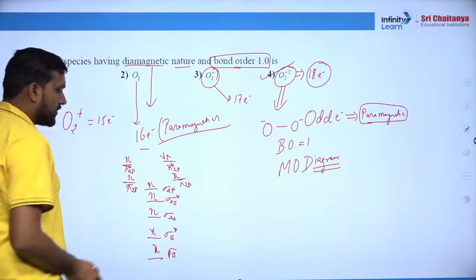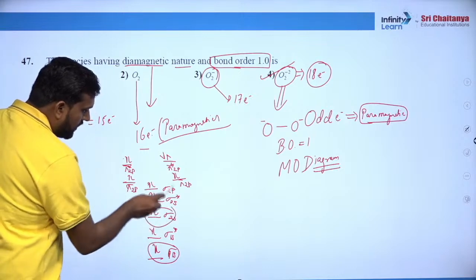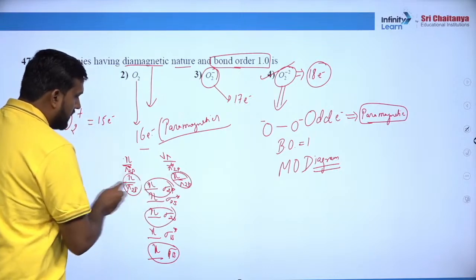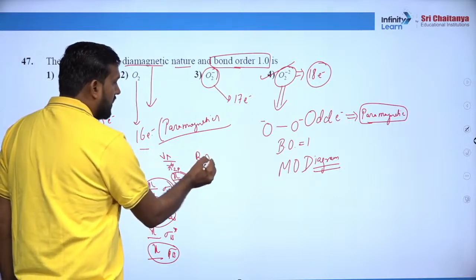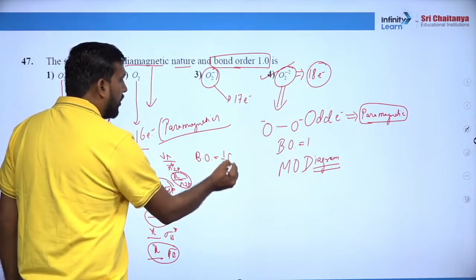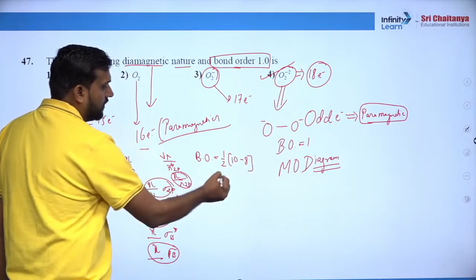So there are 18 electrons, and bonding orbitals 1, 2, 3, 4, 5. So 10 of the electrons are in bonding. The bond order will be half of the bonding electrons, that is 10, minus 8, the antibonding electrons, which equals 1.